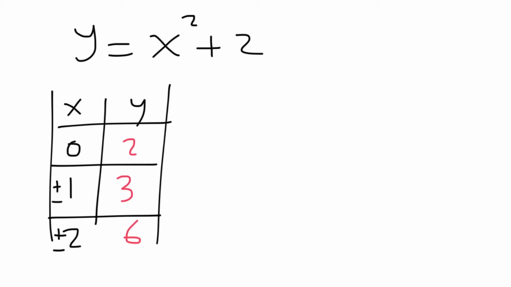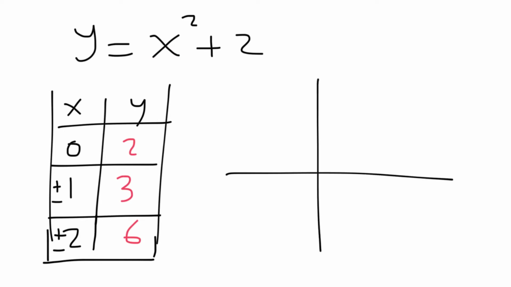So that means I actually have 5 points that I can plot and get an idea about the curve, how it looks like. If you plot the first one, 0 and 2, 0 will be here on x, and 2 will be up. So I have this point here. That's 0 and 2. Let's do the second one.